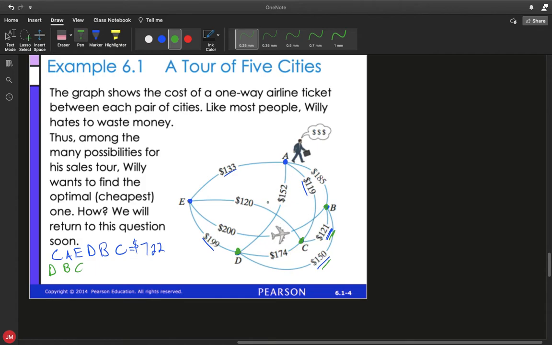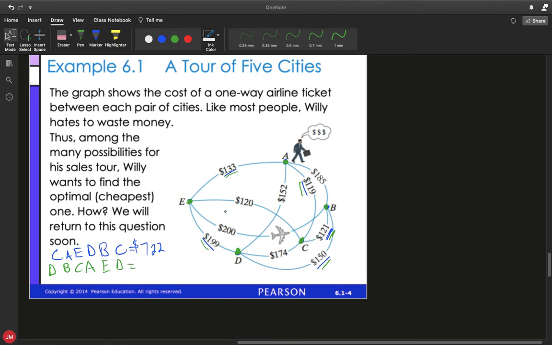From C, we can go to A or E. It is just a little bit cheaper to go to A. And then from A, we can go to E. Now we've covered all of our vertices, so time to get back to D, and then we'll be done.